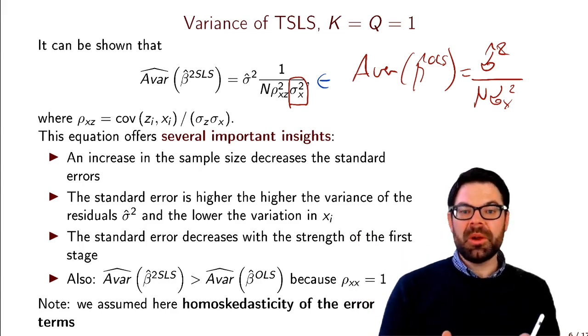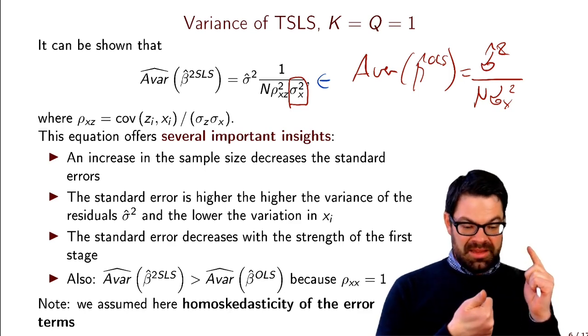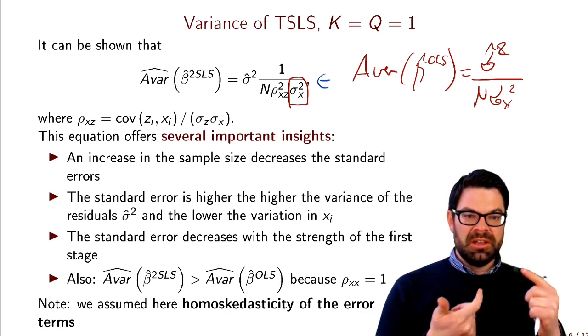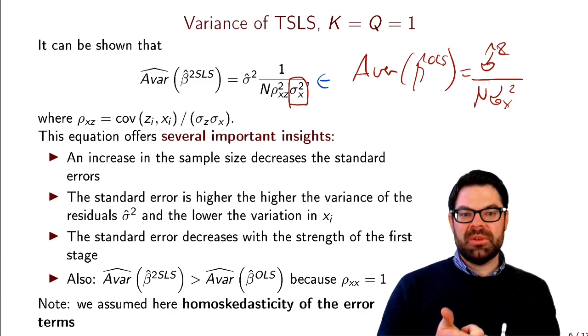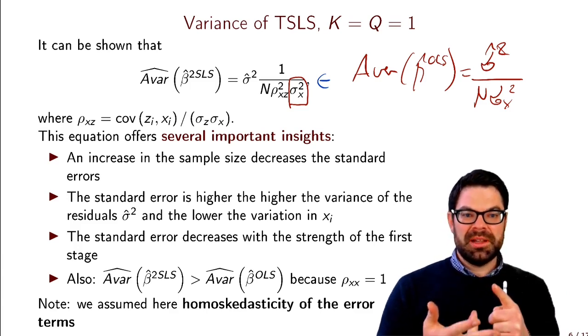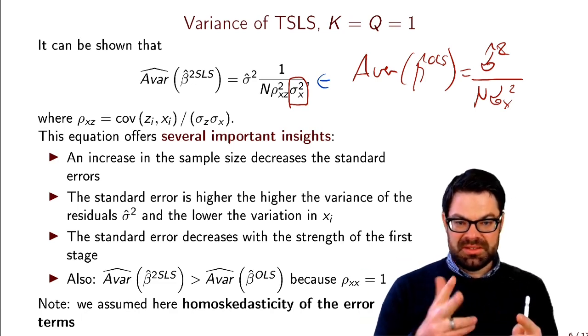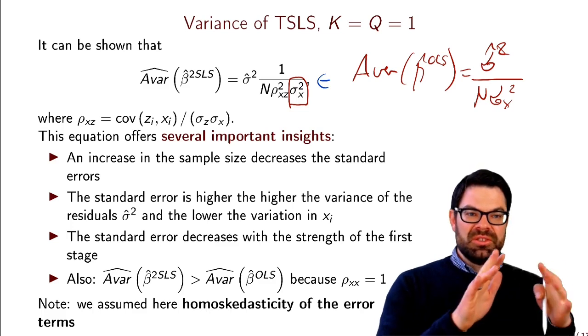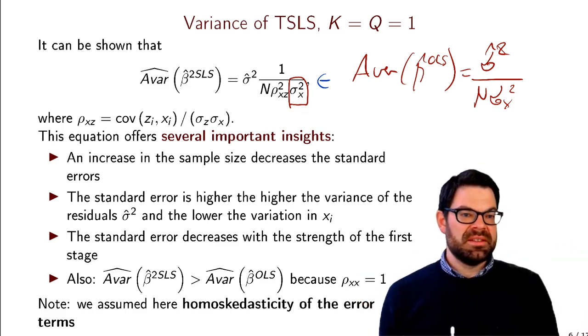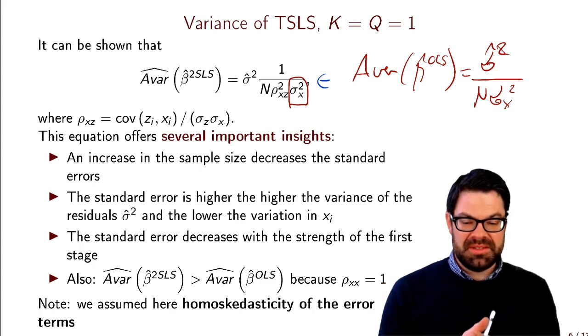Okay, so in other words, if I want to have low standard errors, I need a large sample with lots of variation in my x variable and a regression model that explains a lot of the variation in the outcome. Right? These three things are common to IV estimators and also general OLS estimator.